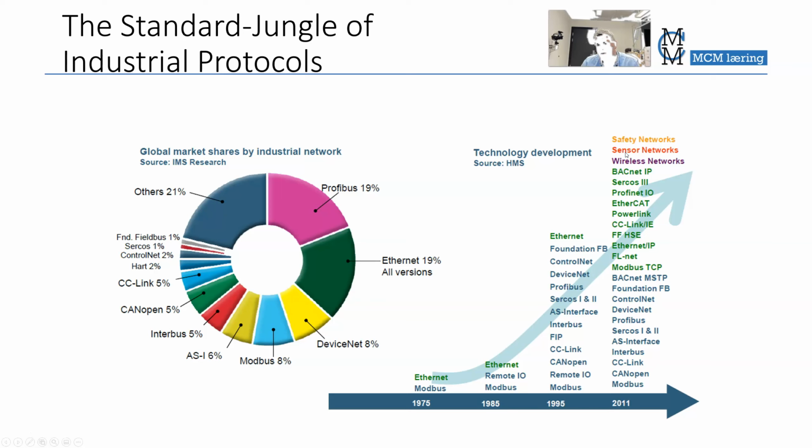If I were to predict the future, I would guess and hope that you will see fewer protocols, that many of these become obsolete, and we start to use maybe Ethernet only for industrial applications as well.